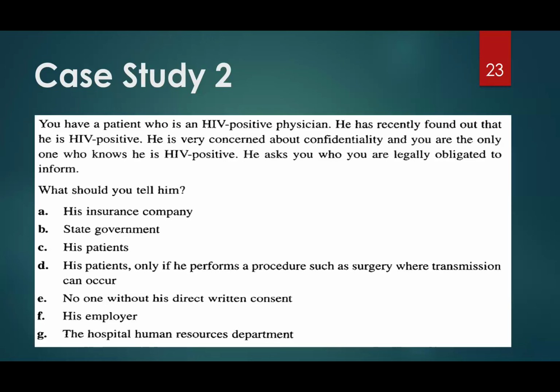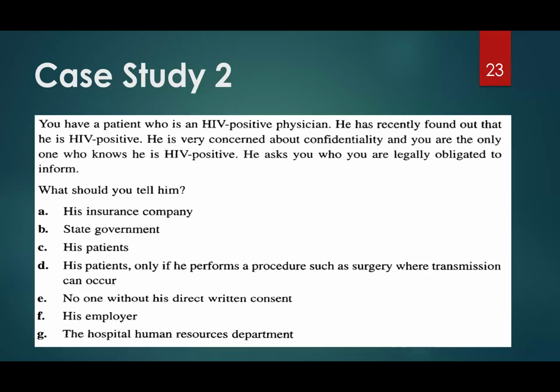his direct written consent. And here I will repeat again and again, this is regarding the USMLE exam and the practice of medicine in the USA. In other countries, the rules and the policies and procedures may differ from place to place. These cases are from the USMLE cases in medical ethics.